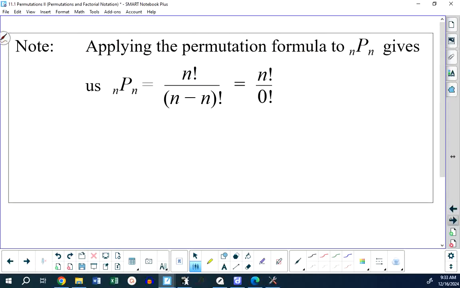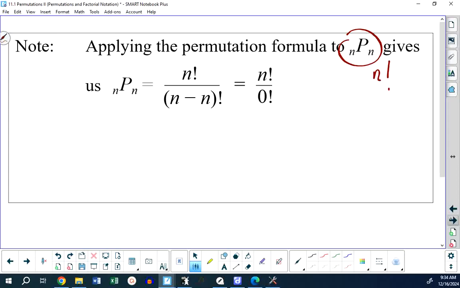Quick note here. I already told you that 0 factorial is 1, right? 0 factorial is 1. Why is that? It's by definition, really. You know that that's n factorial. How many ways are there to arrange 8 people in a line all at once? Well, 8 factorial, 8 times 7 times 6, etc. So how many ways are there to arrange n people all at once? n factorial.